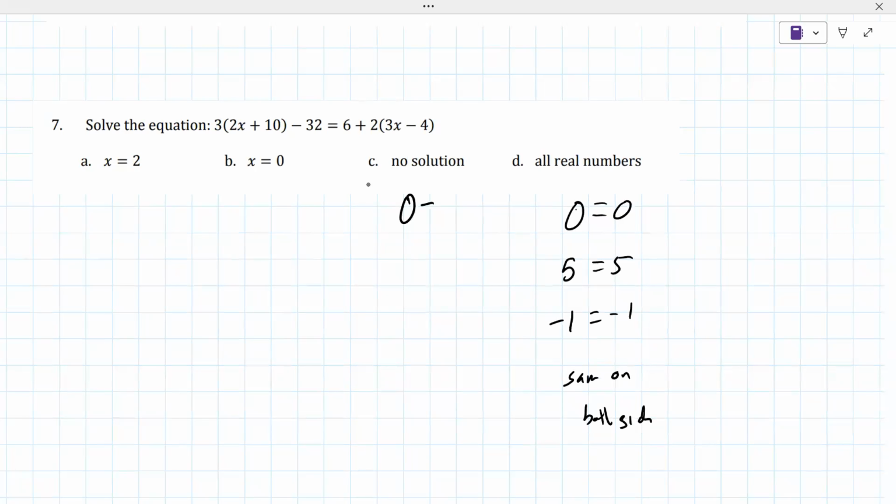No solution would be like 0 = 1 or 5 = -1, they're different on both sides. I see. And the choice here is, you could put the numbers in and maybe they work, maybe they don't. If they both don't work, then it's one of these and you wish you had solved it from the beginning. And again, I can't tell you which to do. I can only say, you got to be prepared to do both.